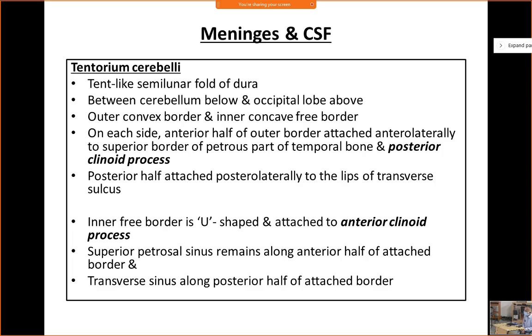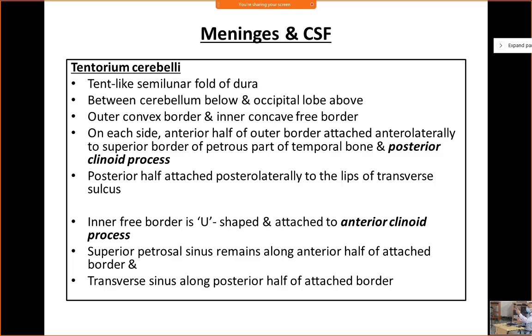This partition is made up of what? It is a fold of dura mater. So it is the tentorium cerebelli, and it has an outer convex border, which attaches to the bone. Just imagine the occipital bone: its inner surface is concave.